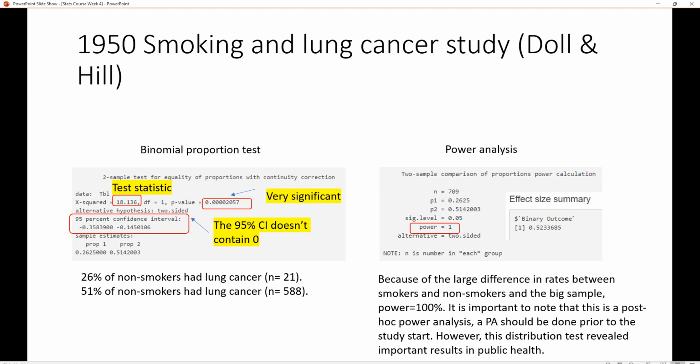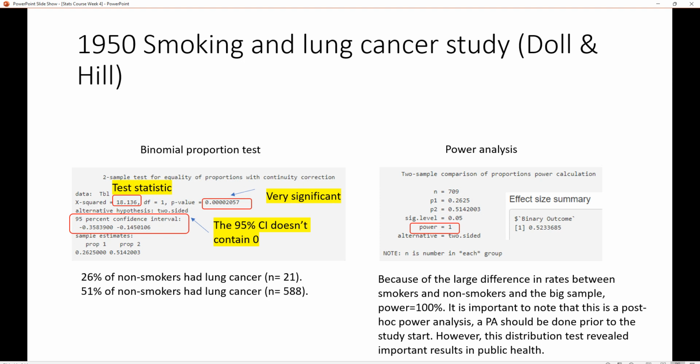They matched up things between both groups on age, sex, and the location of where these people were at. So they did some pretty solid work, and they used a distribution test. And from that point on, we did have proof that there was a link between smoking and lung cancer.